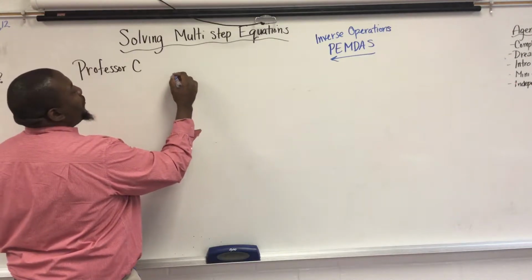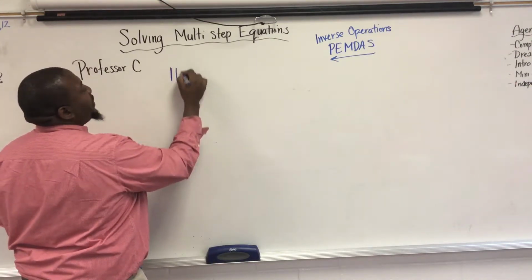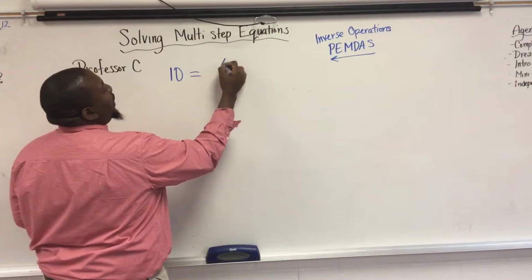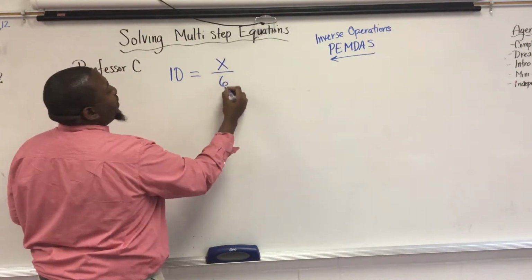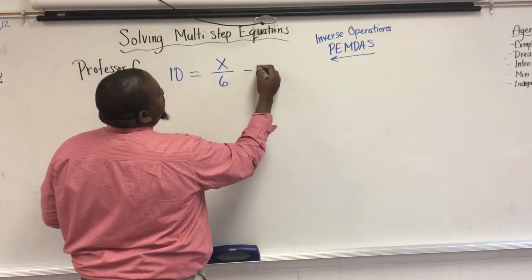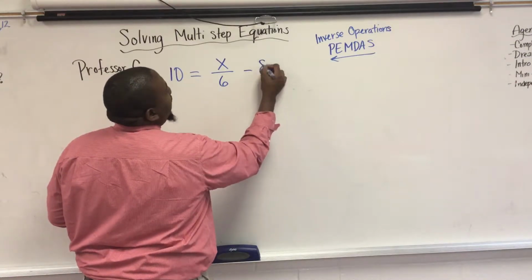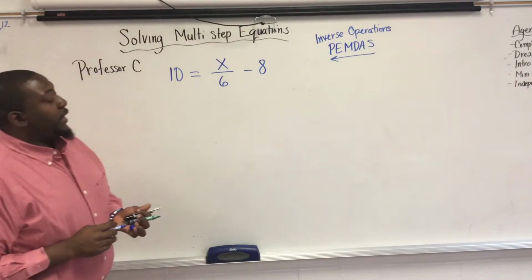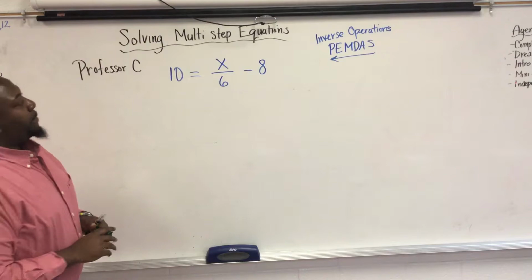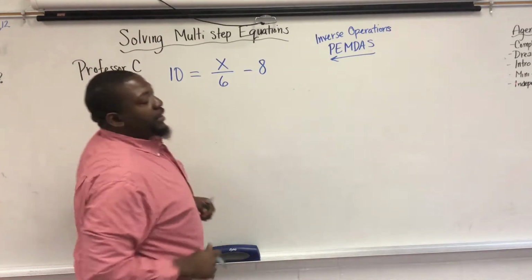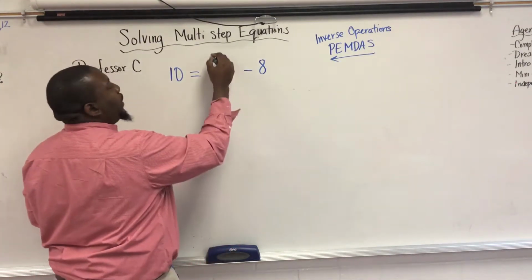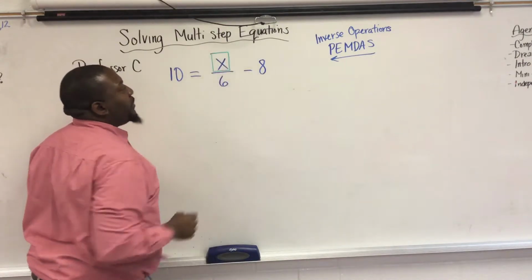Let's say, for instance, I have 10 is equal to x divided by 6 minus, let's say, 8. Okay? Again, what do you see? What is bothering my variable? I always like to box my variable.